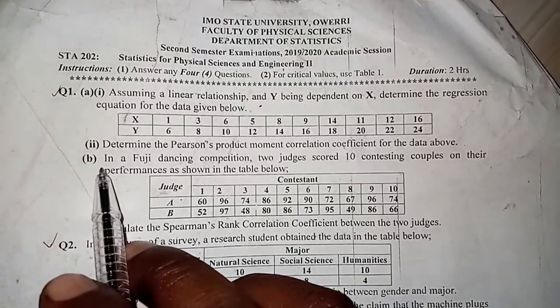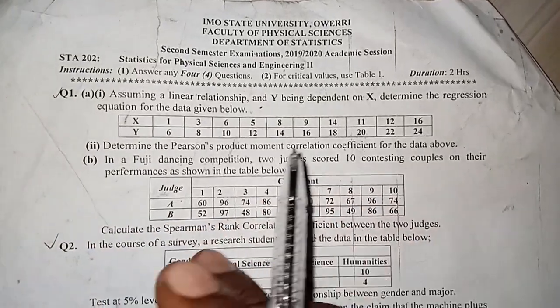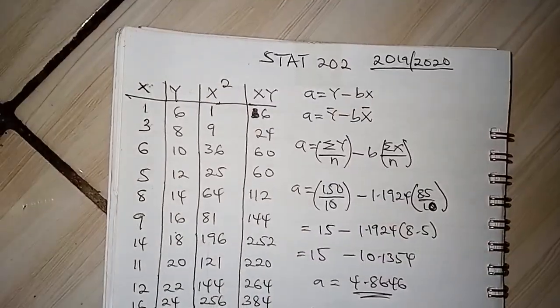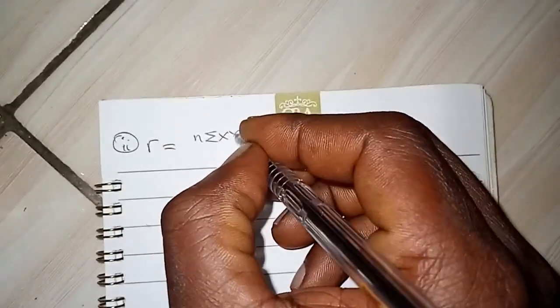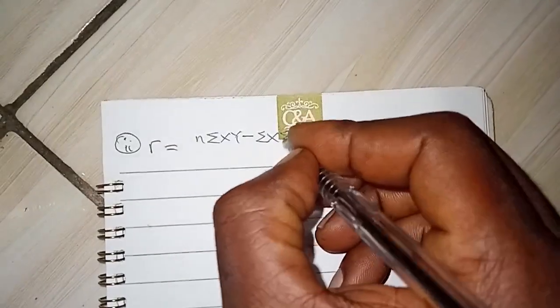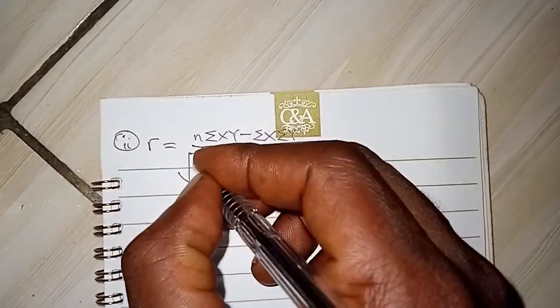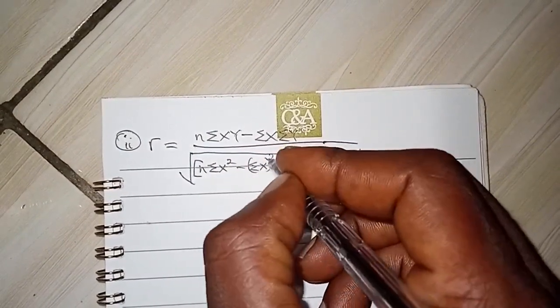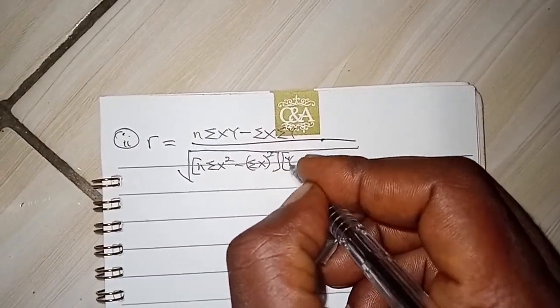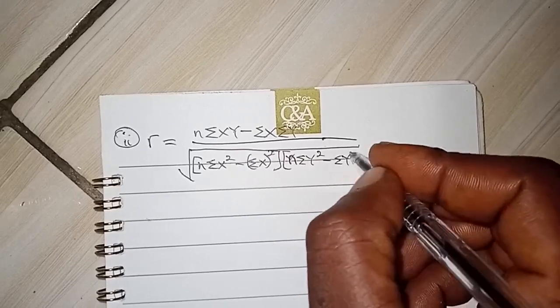Part two of the question says, determine the Pearson product moment correlation coefficient for that same data above. Now, the Pearson is given as r equal to n summation xy minus summation x summation y, all over the square root of n summation x squared minus summation x all squared, times n summation y squared minus summation y all squared.